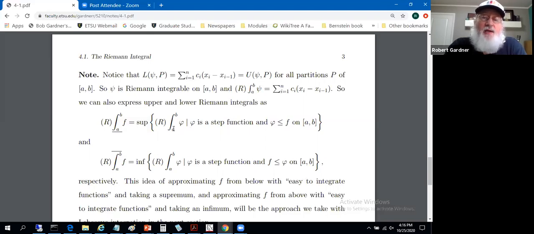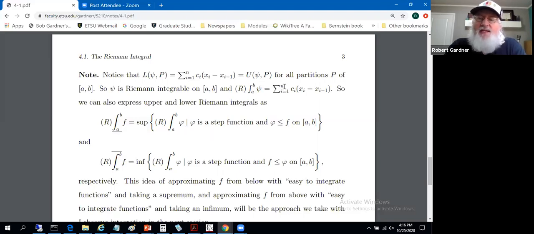So we're taking a Riemann integral from a to b of phi, where phi is a step function and phi is less than or equal to f. Having phi less than or equal to f guarantees we're dealing with values less than function values. So that inf stuff is replaced with this.